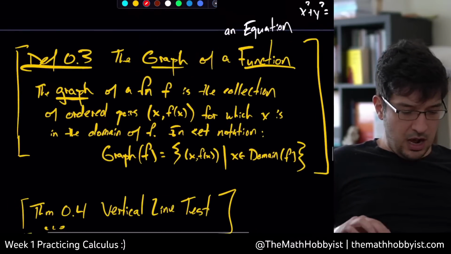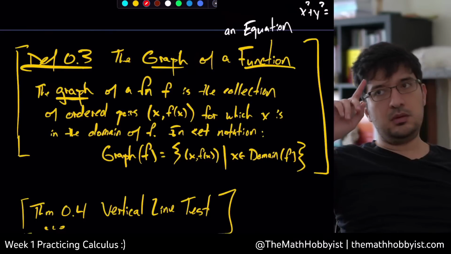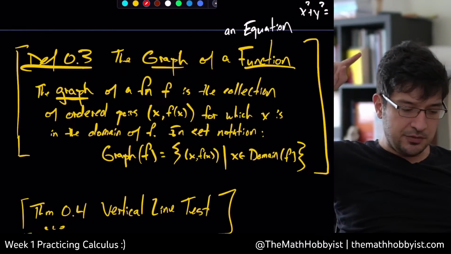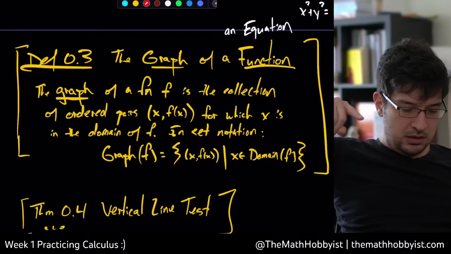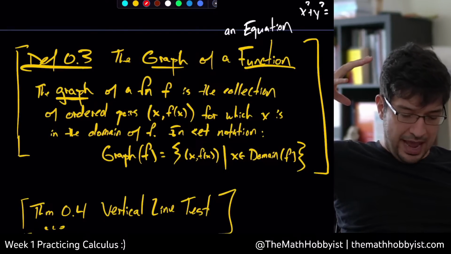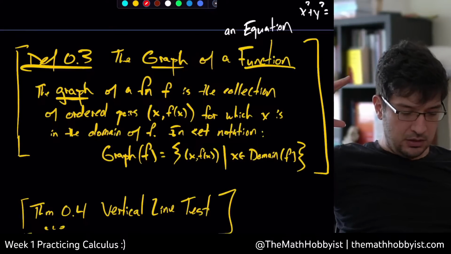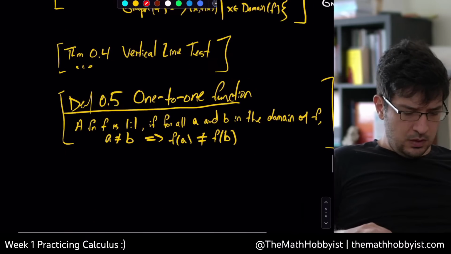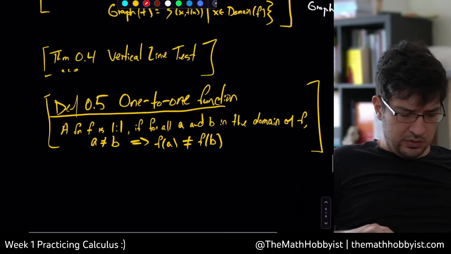Here, this is not at all talking about the real numbers. This definition of a graph is abstract. This is an abstract definition of a graph. And so is this.